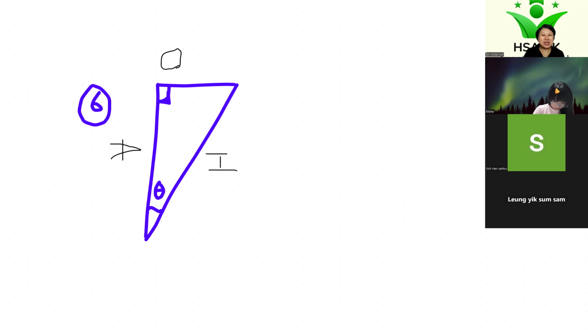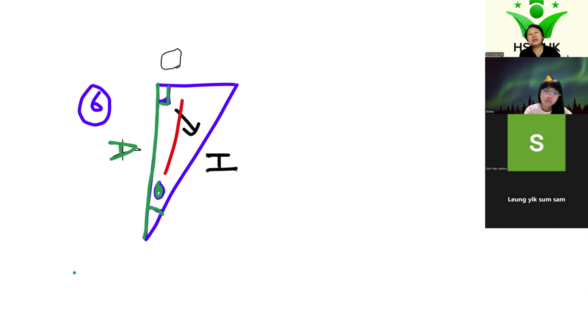When you see the theta and the right angle, you will have your A. When it is opposite to the right angle, you will have your H. When it is opposite to the theta, you will have your O. Very good. Fantastic. Write it down.